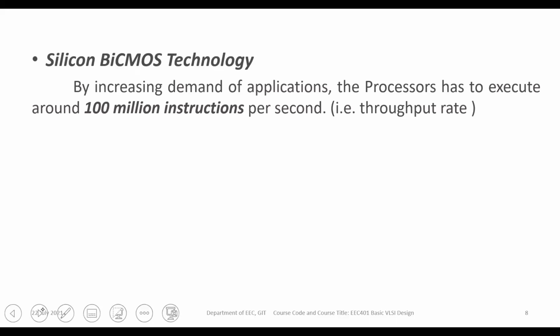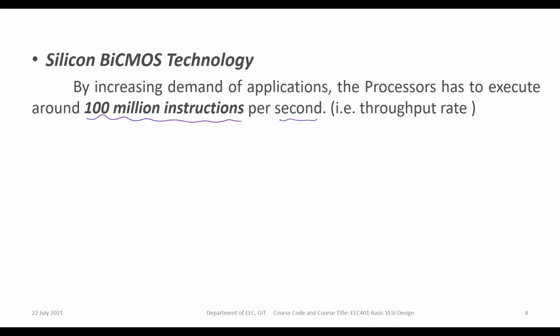Silicon BiCMOS technology is the most suitable one if you want to raise the throughput rate, the number of instructions per second. By using the BiCMOS technology, 100 million instructions per second can be executed. This is because of the increasing demand of applications.